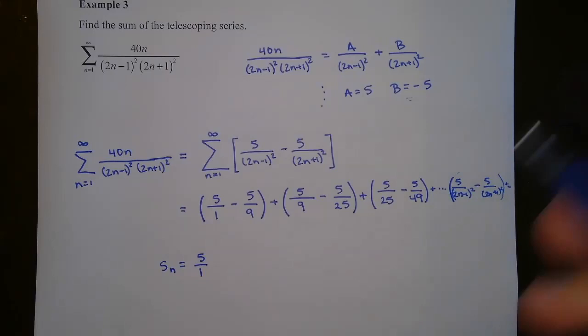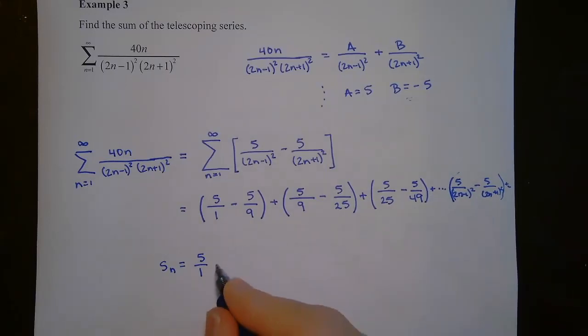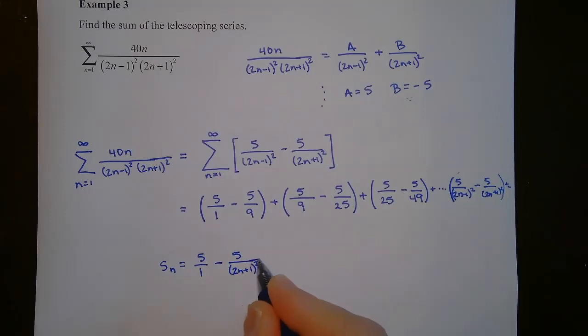So we're going to be left with minus 5 over (2n plus 1) squared. So that's a formula that will give me, if I want the sum of the first 50, or the first 100, or the first 200, I could do that by putting 200 in for n. But that's not what's really happening. We're not stopping this at 200.